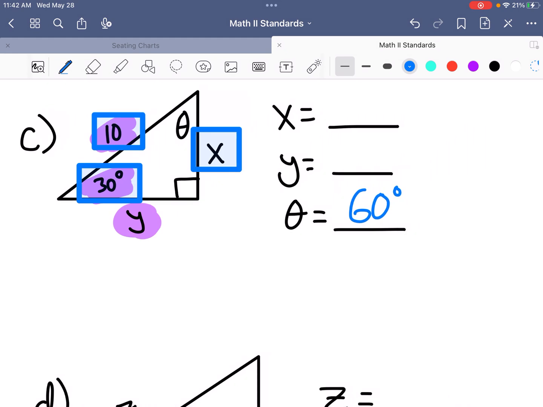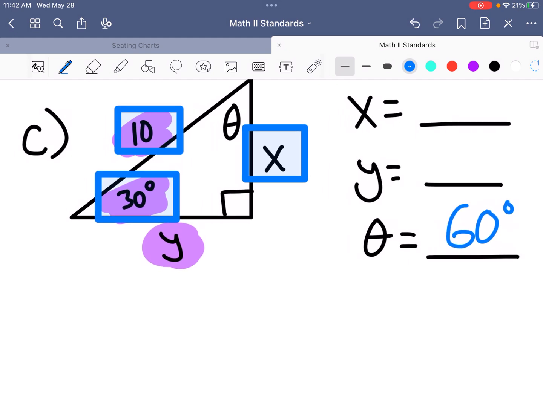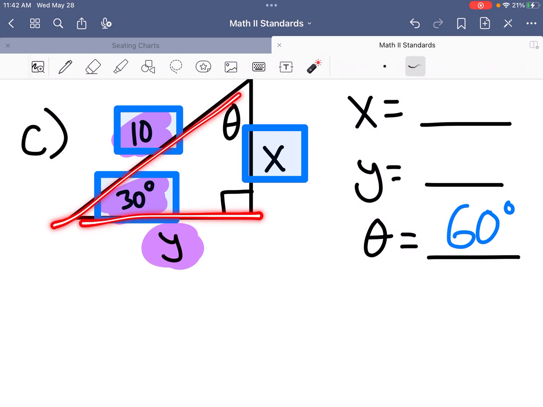Now to find x and y, I'm going to use trig ratios. I'm going to use my calculator. If you take a look, I've highlighted the angle and its adjacent side and hypotenuse all in this purple highlighter.